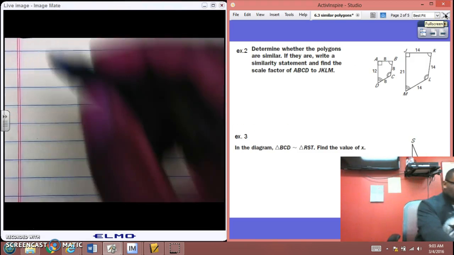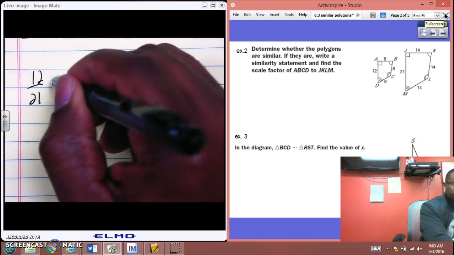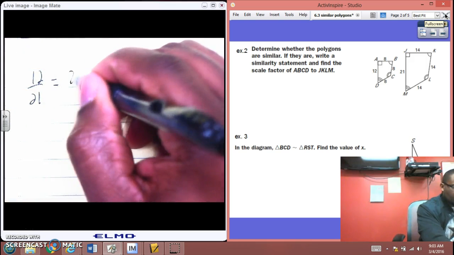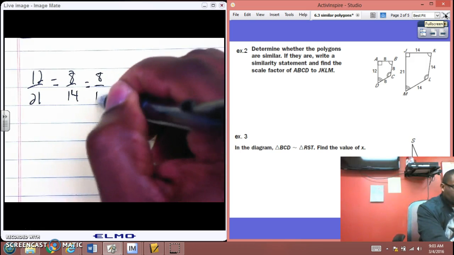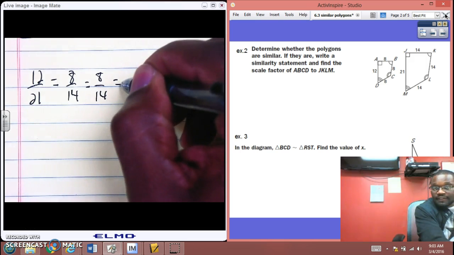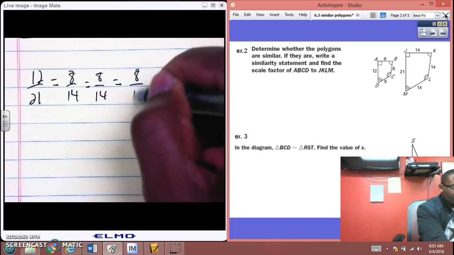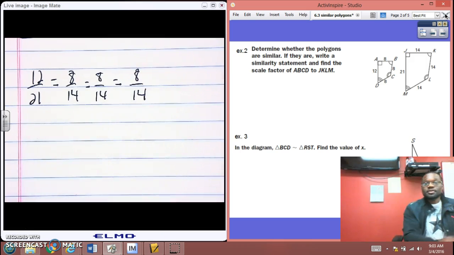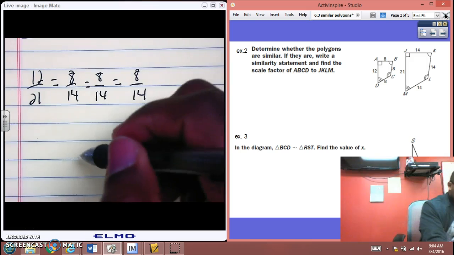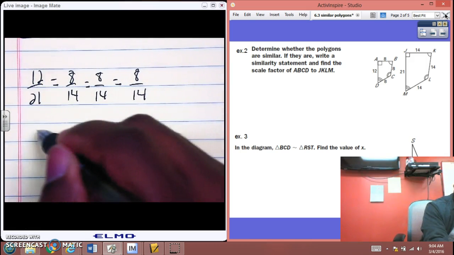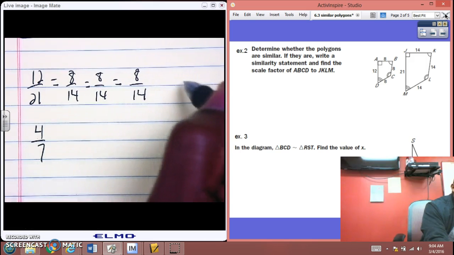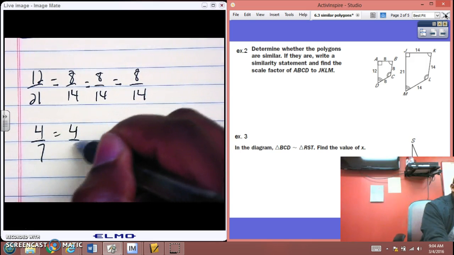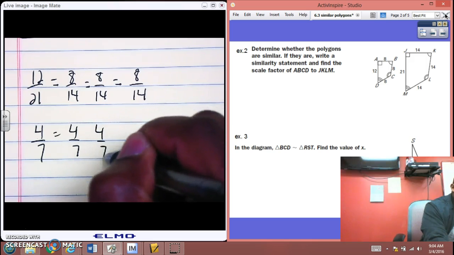So that means we're going to do 12 over 21 and 8 over 14 and 8 over 14. So we know all those are going to be the same because they're all 8 over 14. But let's reduce anyway. If we reduce this by 3, we're going to get 4 over 7. We reduce these by 2, we're going to get 4 over 7 on every single one of those.